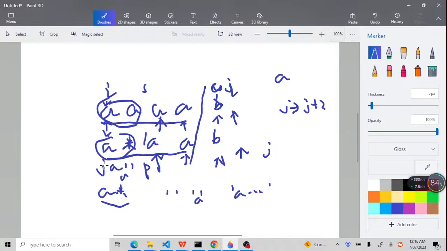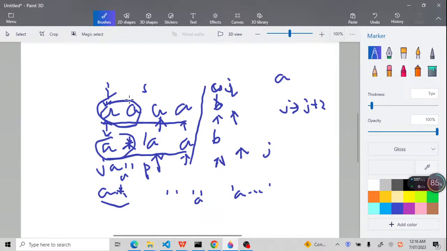But here, if this Z pointer first pointed to the A, and we have this star, and this A and star represented A. So what will be the J? J will move to the next.